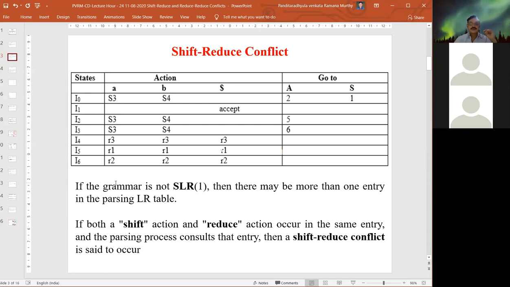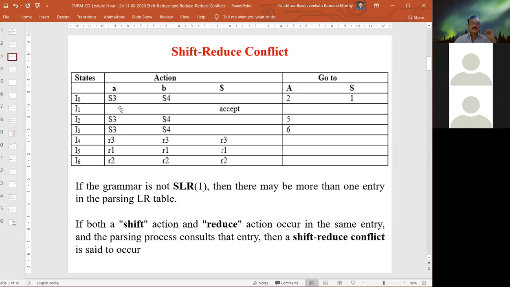That means if both shift and reduce actions are identified in the same entry, the parsing algorithm identifies more than one action: shift and reduce, reduce and reduce, or shift and shift. Then it leads to a conflict. What is the meaning of this conflict? We don't know whether we can select a shift operation or a reduce operation.